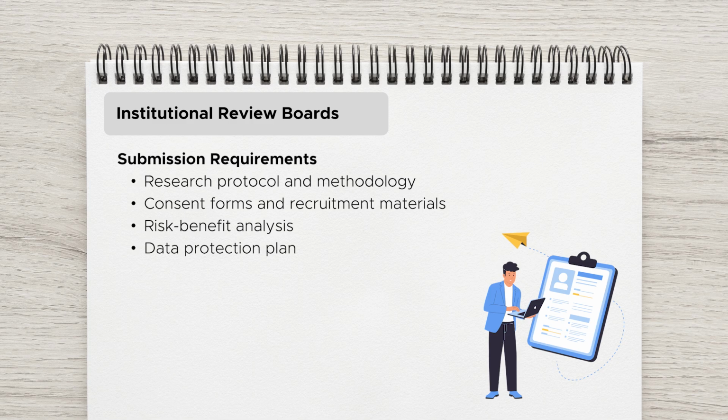Nowadays, oftentimes, no physical posters or flyers are used, but there is extensive online canvassing for recruitment purposes. The risk-benefit analysis should also be part of your initial application for IRB. You should be able to independently tell the board what in your assessment is the risk and benefit of the research study. And finally, you should also give a clear data protection plan.